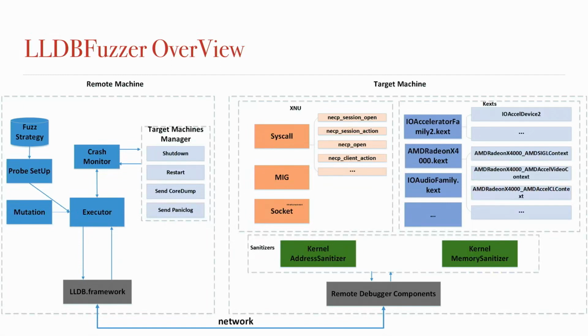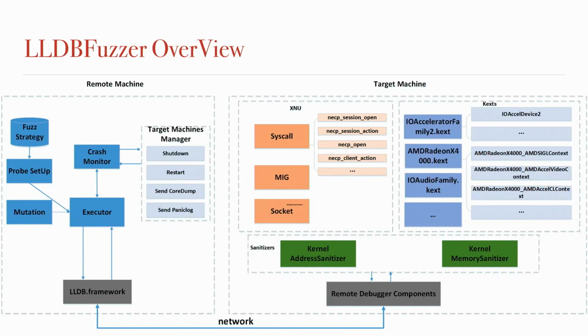As we can see, the normal macOS system has no Ethernet support, so it is not enabled to be debugged. So the remote debugger component in the target machine is a customized network driver, which is set up to support remote lldb debugging.